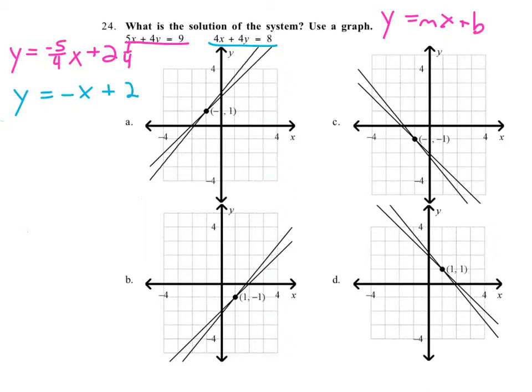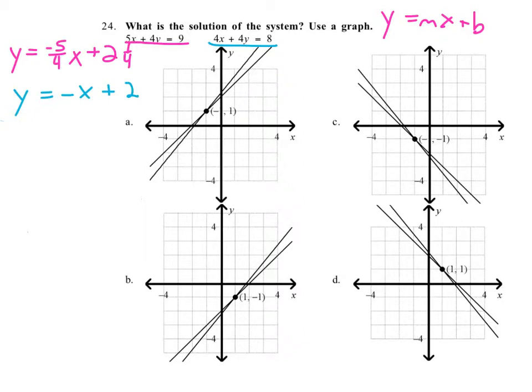Okay, so you can see that these two lines both have negative slopes. And what does that mean? That means that the lines will be dropping as you go to the right. And they both have a y-intercept: the blue one has a y-intercept at exactly 2, and the pink one has one at just above 2, 2.25.